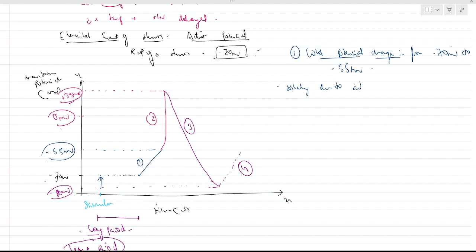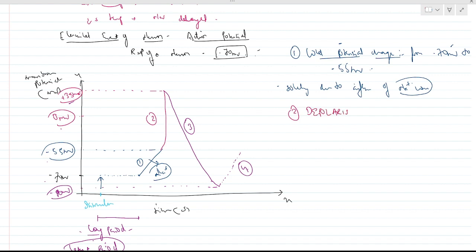There is influx of a positive ion, which is our sodium ion. So there is influx of sodium inside, a decrease of negativity from minus 70 to minus 55, called local potential change, the first phase.